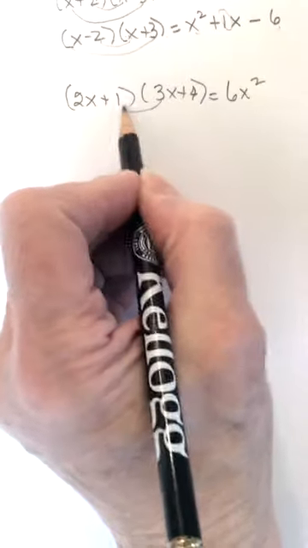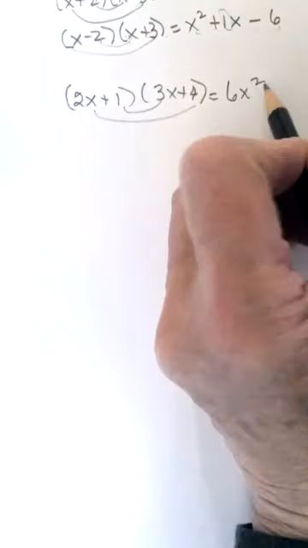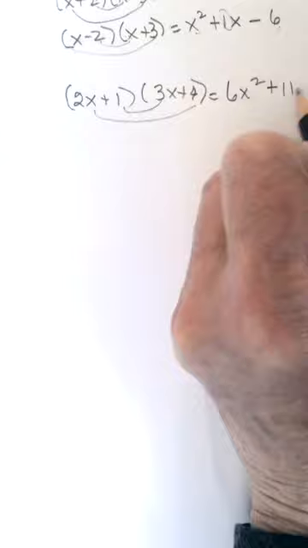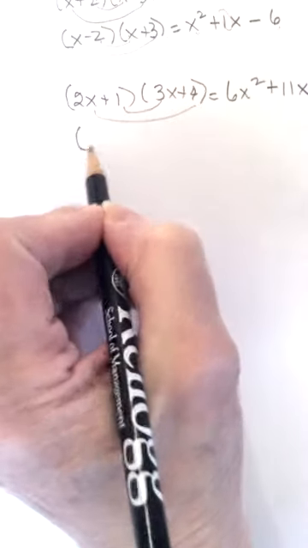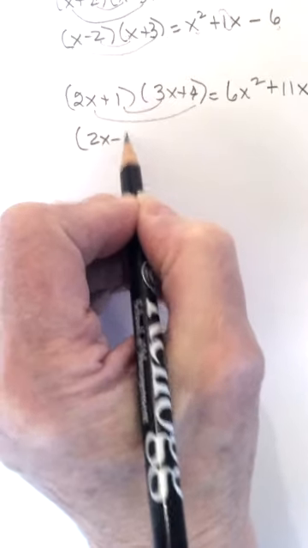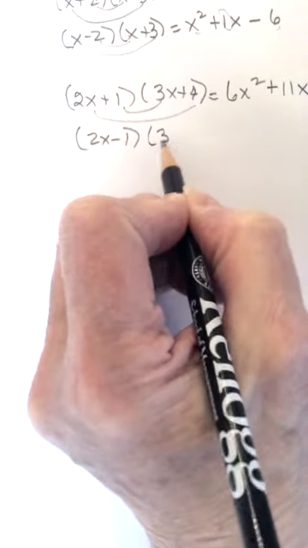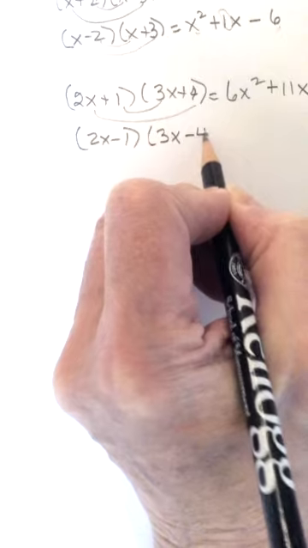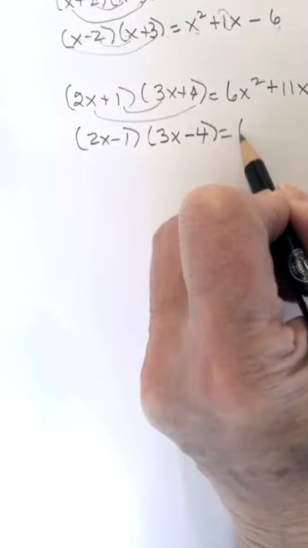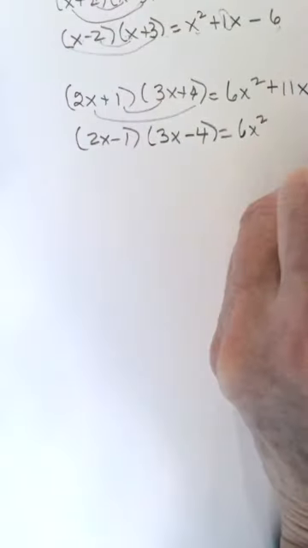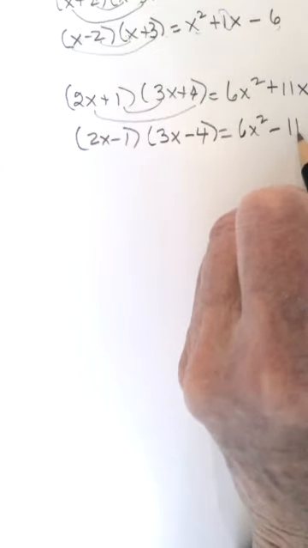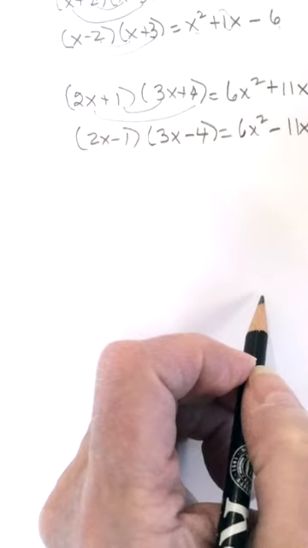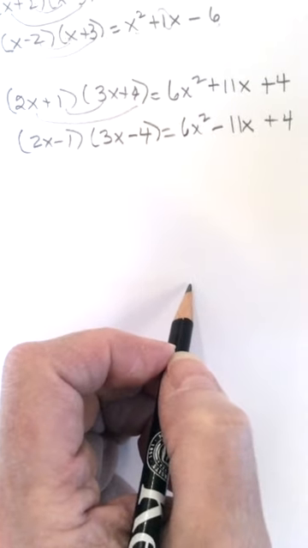And now when I add, I've got 3x and 8x, so plus 11x plus 4. 2x minus 1 times 3x minus 4. I'll have the same first term, the same last term, and this time the middle term will be negative. Oops, slid off the view there. Okay.